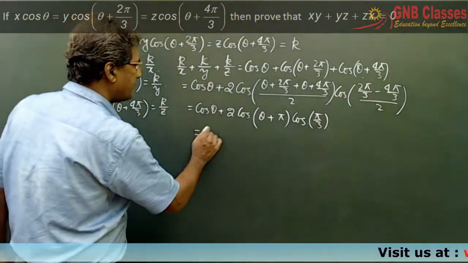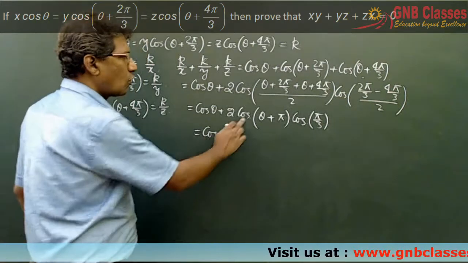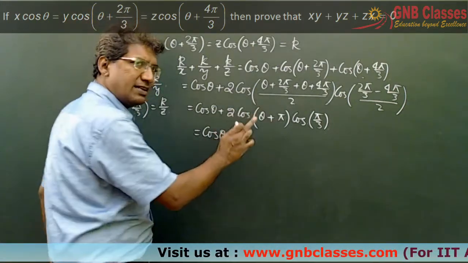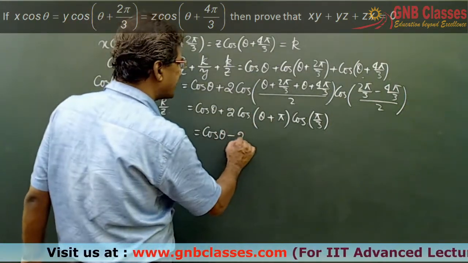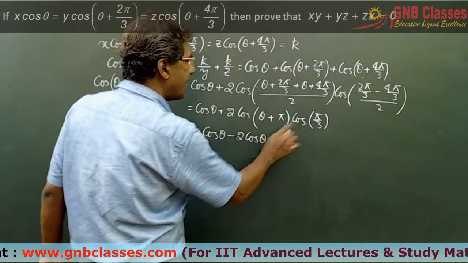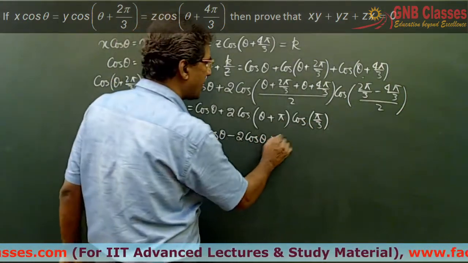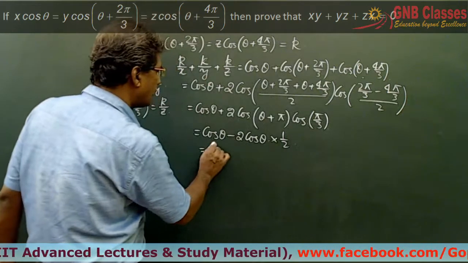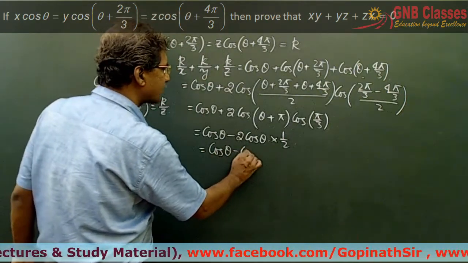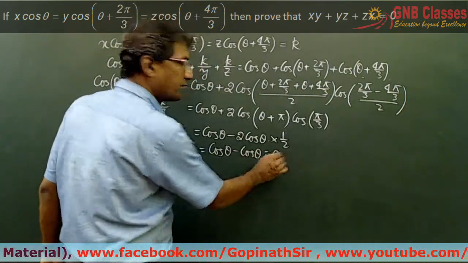So cos(180 plus theta) is minus cos theta, so it will give you minus 2 cos theta, and cos 60 degrees is nothing but half. So we are getting cos theta minus cos theta, which will give you 0.